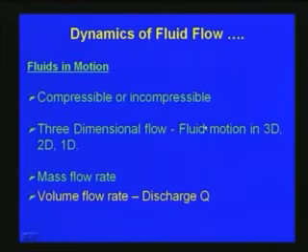And then obviously we also have to consider, with respect to the dynamics of fluid flow, whether the flow is three dimensional. As I mentioned earlier, most of the time the fluid flow is varying with respect to x, y and z, that means three dimensions.